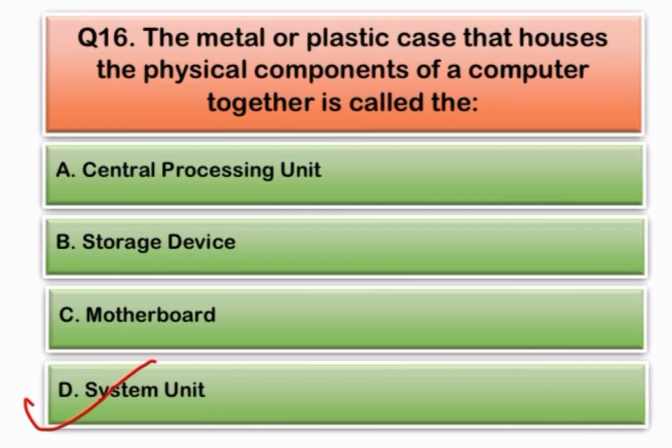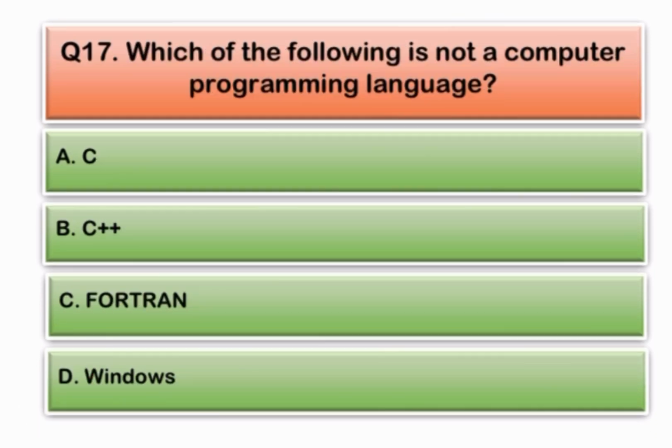The correct answer for this is system unit. So D will be correct. What does the system unit do in a computer? Actually, it houses the physical components of a computer together.